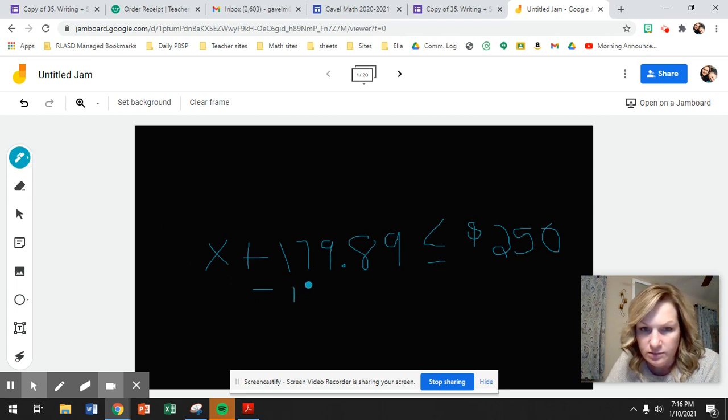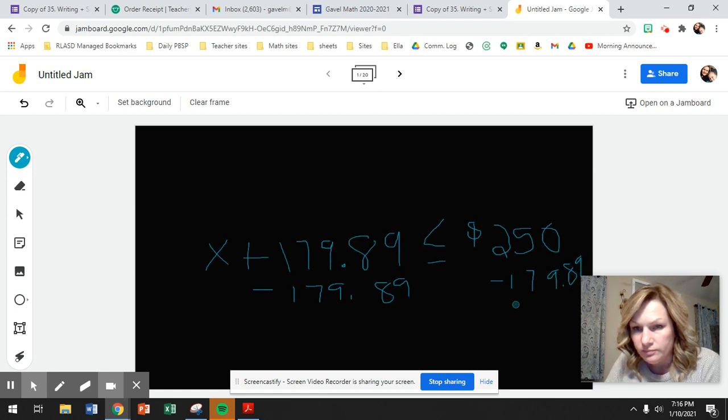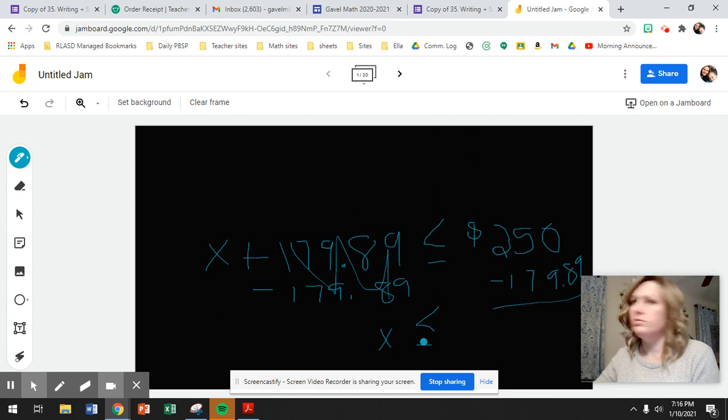So we're going to subtract the 179.89 from both sides. I'm using a calculator for this one. That leaves us with X, because it's canceled out, is less than or equal to 250 minus 179.89.